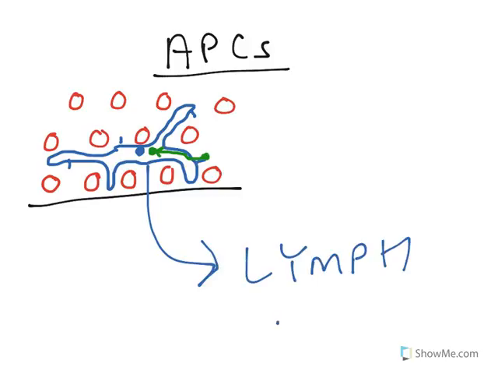And within the lymph node, the antigen presenting cell is able to activate other cells of the immune system, for example B cells or T cells. So it's able to tell the rest of the immune system that there is a pathogen present, in this case in the skin, and it's able to activate relevant immune cells to mount a response. So APCs are very important in initiating an immune response.